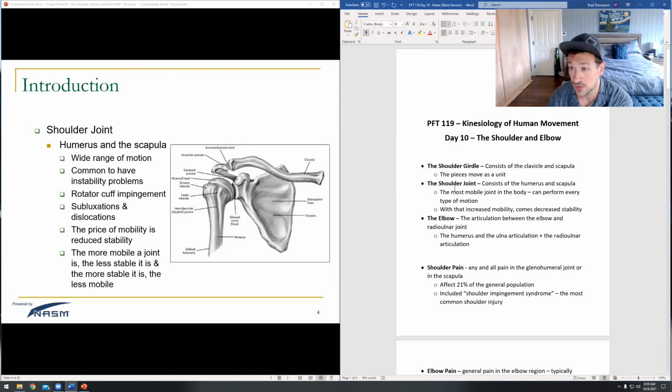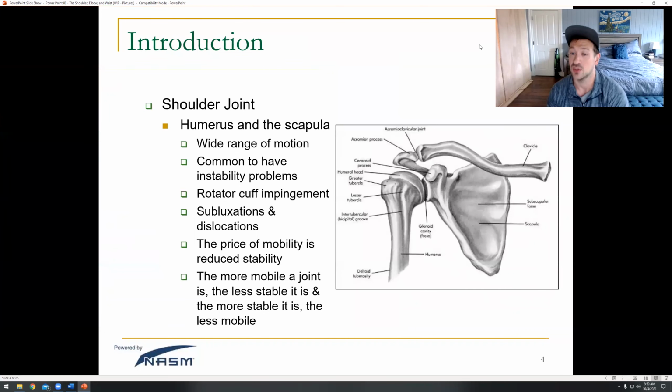This is the most mobile joint in your body. It is a ball and socket joint. What's great about that, again, is that we have lots of mobility. But like I've said plenty of times in the past, with increased mobility comes decreased stability, which is why, when it comes to dislocations, this is the most common one that we're going to run into.